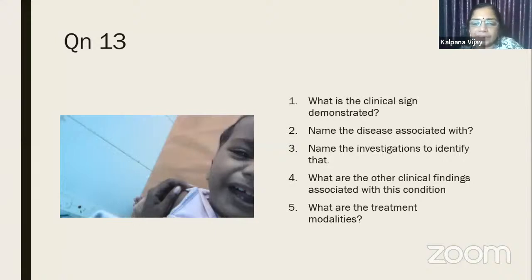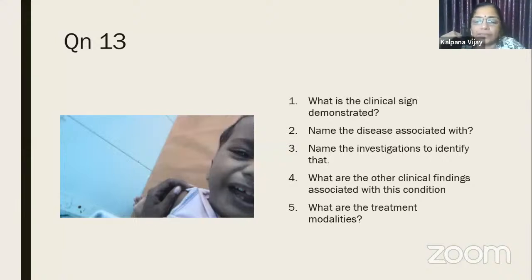What are the investigations? So name the disease associated with it. It is neuroblastoma. Is it seen in all of the cases? It is seen in about 20 to 30% of the cases. Others, it can come as a post-viral demyelination.